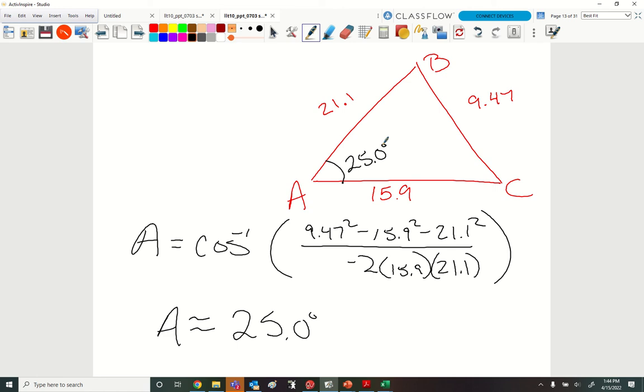So, yeah. All right, so now that's A. Now solve for B. Do it again, solve for B. You need formulas.